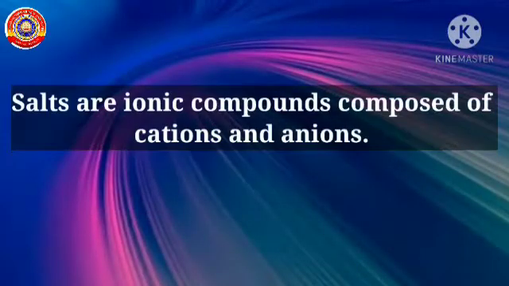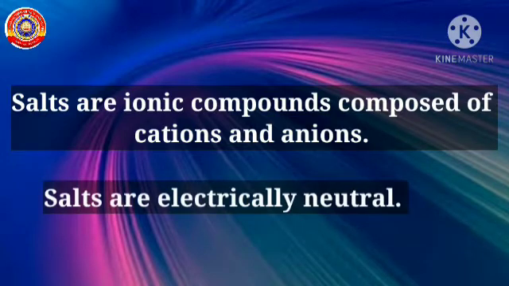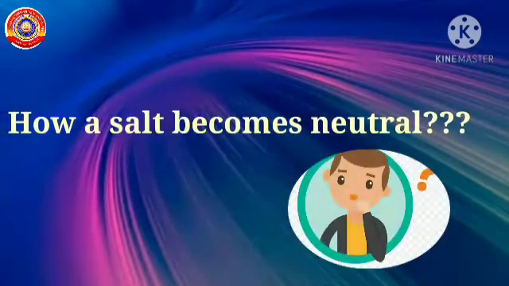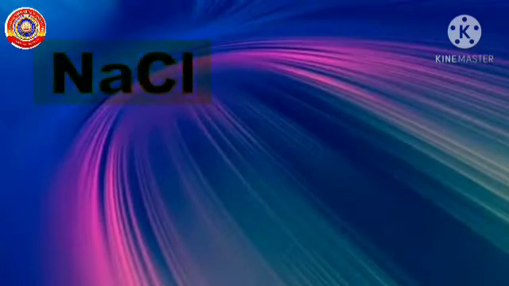Here we go. Dear children, we learned that salts are ionic compounds composed of cations and anions. And also we knew that they are electrically neutral, right? Let us know how a salt becomes neutral. Consider the molecule NaCl.